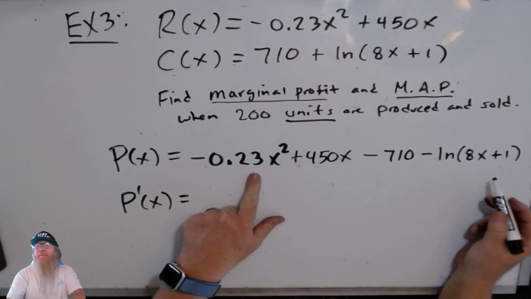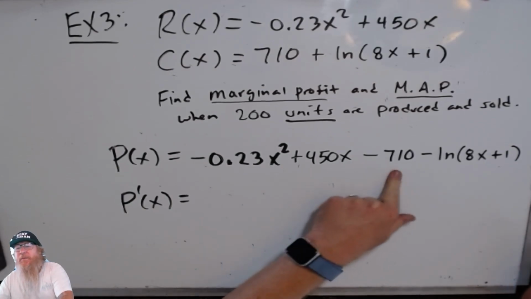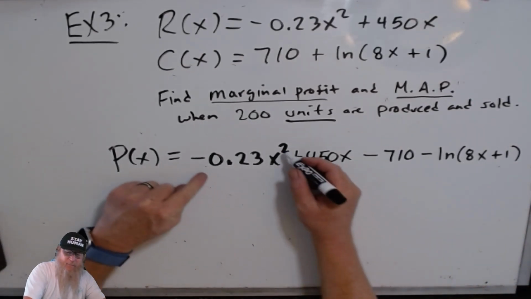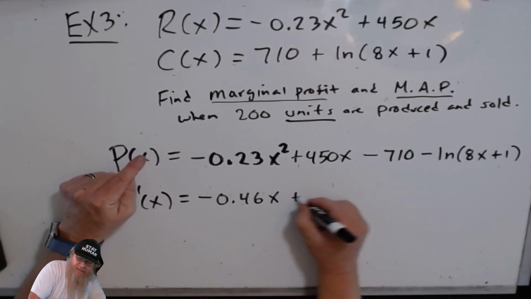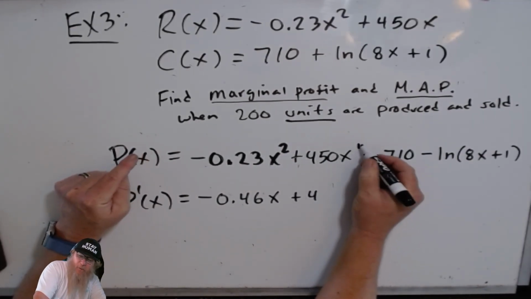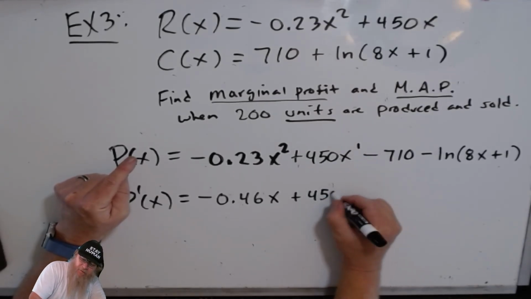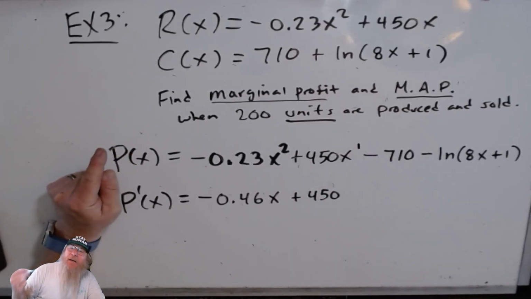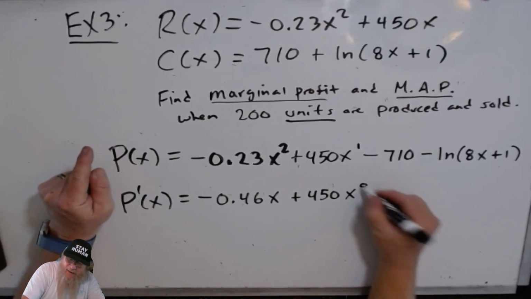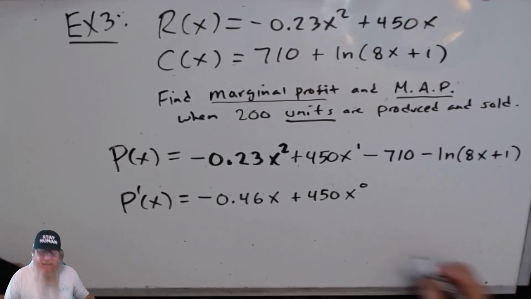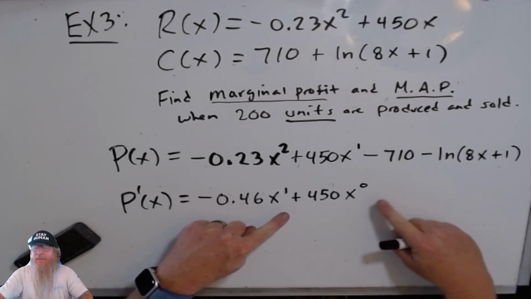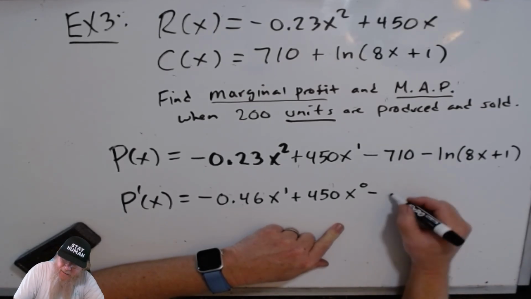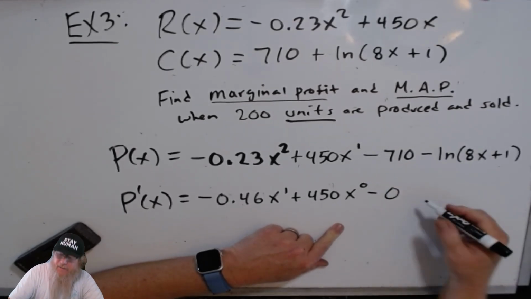That's the easier one. It's just taking a derivative, term by term by term. So we're going to bring the 2 down. It's going to be negative 0.46x. This one has an invisible 1, so the 1 times 450, and then the x disappears. Technically, it becomes x to the 0. Yeah, if you like to see the pattern here, that's what happens. This becomes 0. Derivative of 710 is just 0.